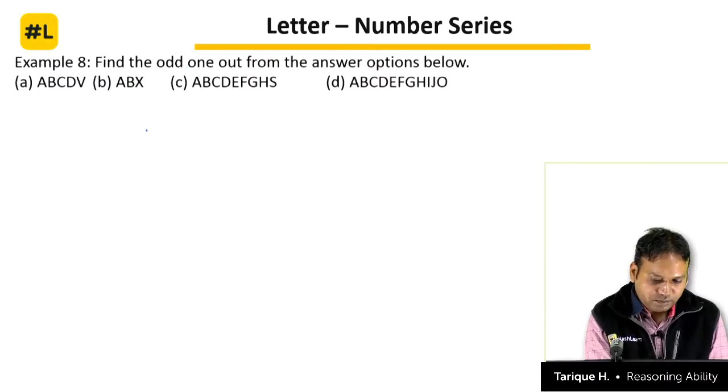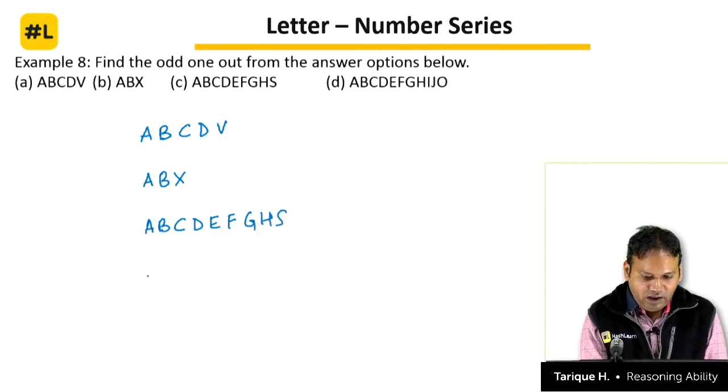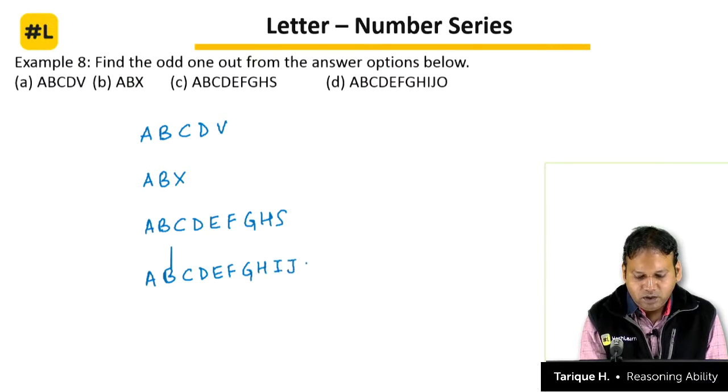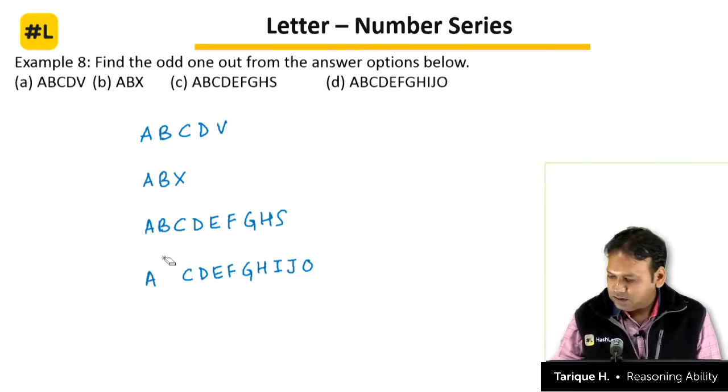First let's write down here A, B, C, D, V. Then we have A, B, X. Then we have A, B, C, D, E, F, G, H, S. Finally we have A, B, C, D, E, F, G, H, I, J, O. Clear? So just correct this B here.